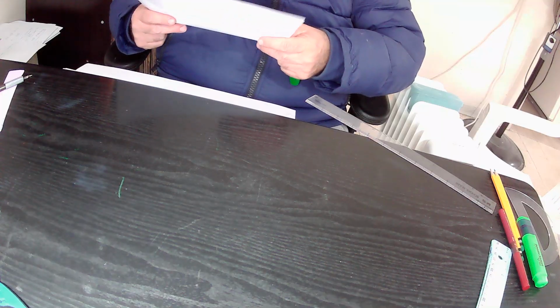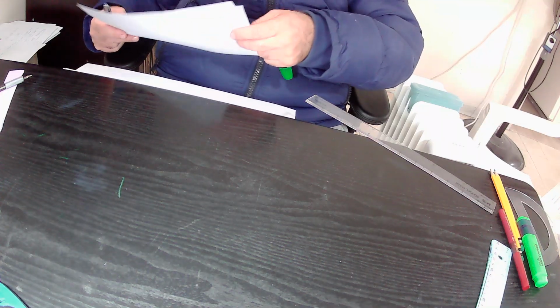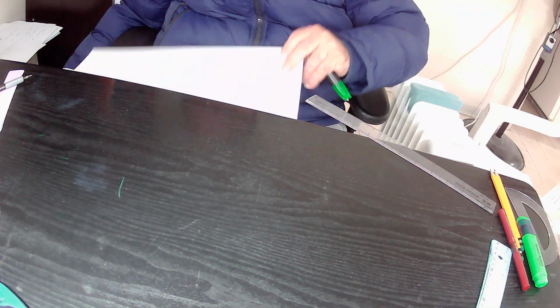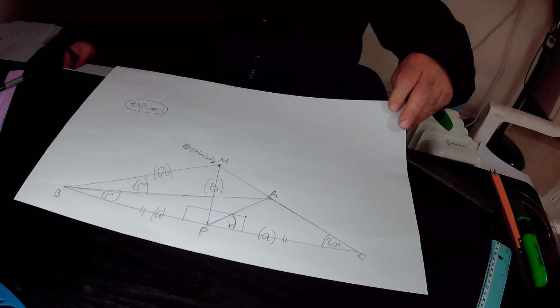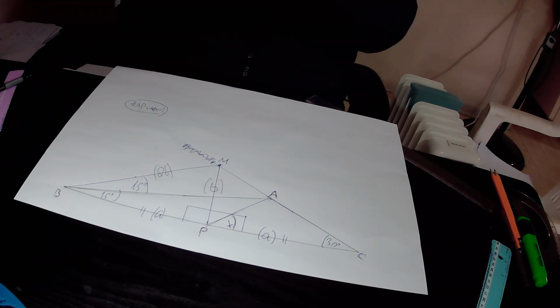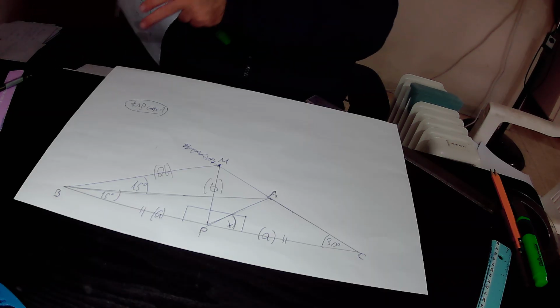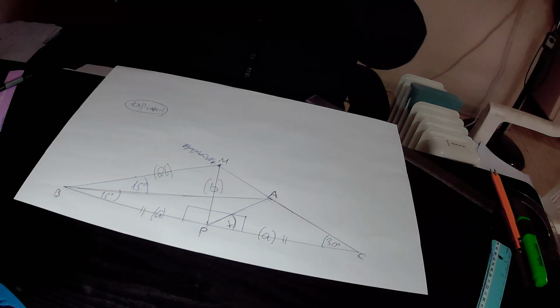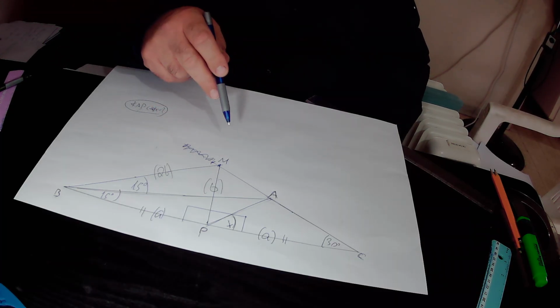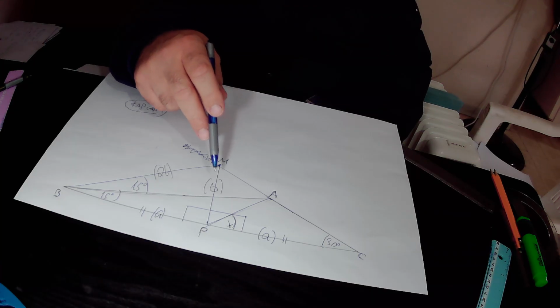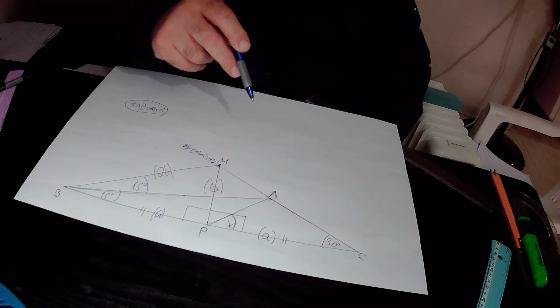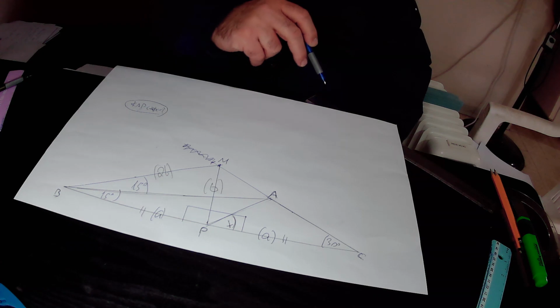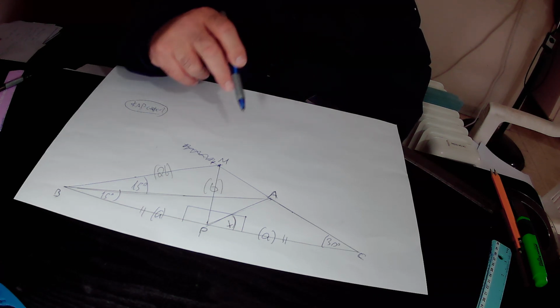So according to the converse rule of the angle bisector theorem, because of the fact that line segment AP divides the sides of this triangle ABC proportionally, line segment AP is the angle bisector of this triangle MPC.